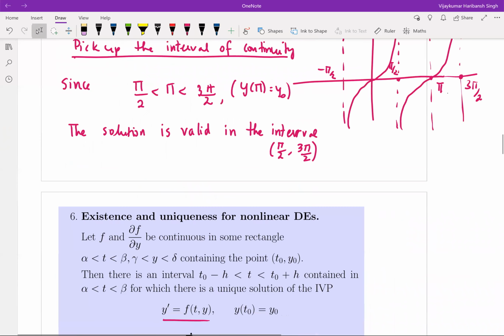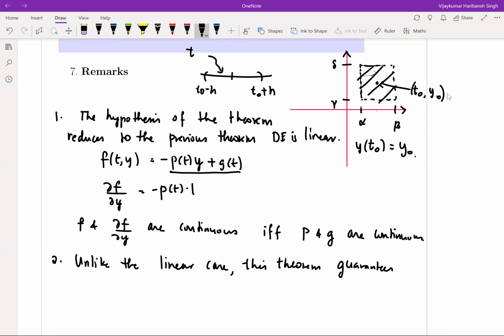So two, unlike the linear case, this theorem guarantees the existence and the uniqueness, because after all, we are discussing those problems, right?